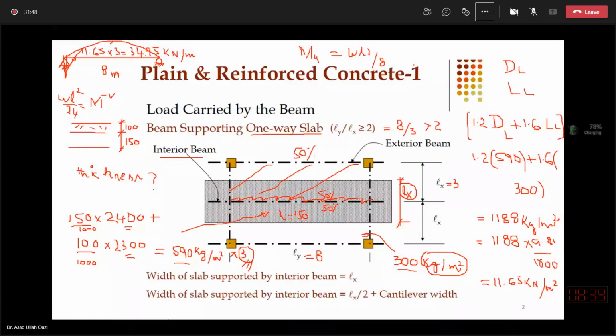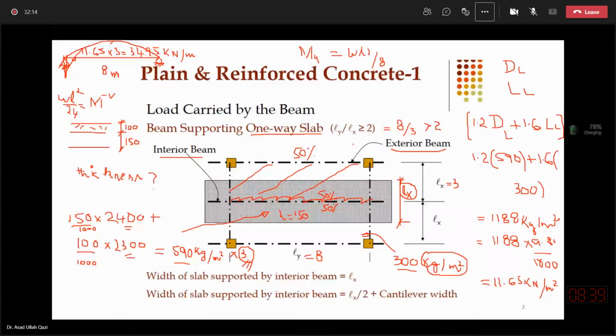There are two statements given underneath. If we are having the exterior beam and we want to design it, at the moment I discuss interior beam. For exterior beam, since there is an edge present and there is no continuity on this side, no cantilever is present, neither a cantilever nor a shade.